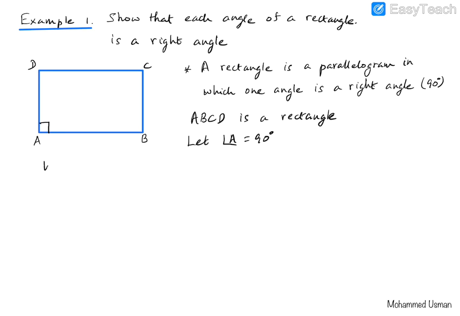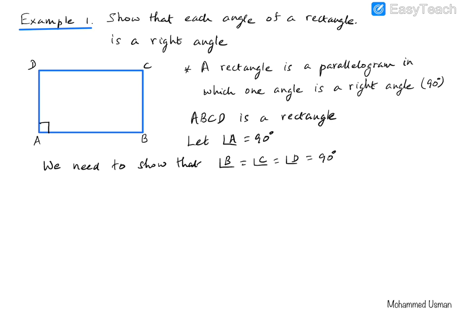So let me write what we have to show. We need to show that angle B equals angle C equals angle D, and all of them equal 90 degrees. So when one of the angles is a right angle, then the rest of the angles are also right angles.